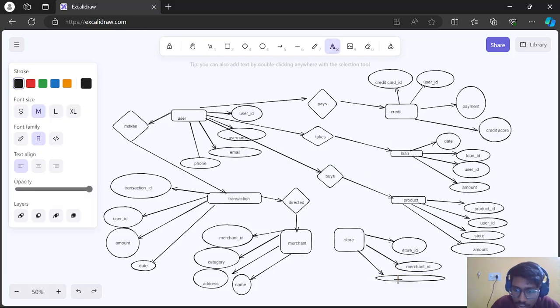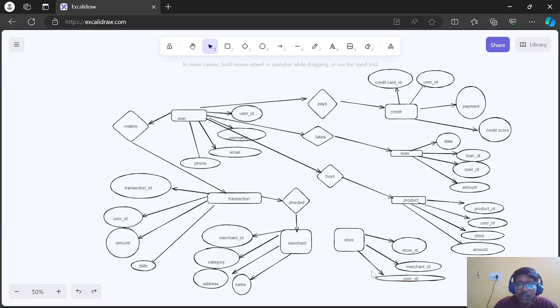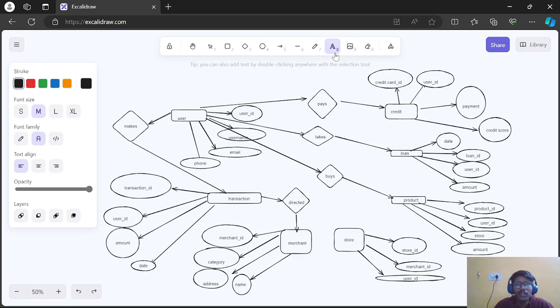The next attribute present in the store entity would be the user ID, like the user who is going into the specific store to buy, in the sense of visiting virtually so that he can buy.